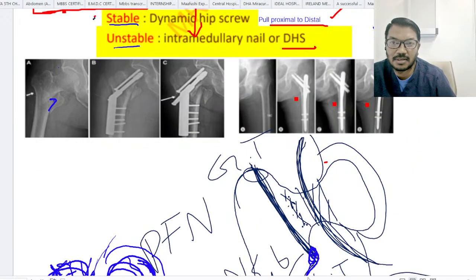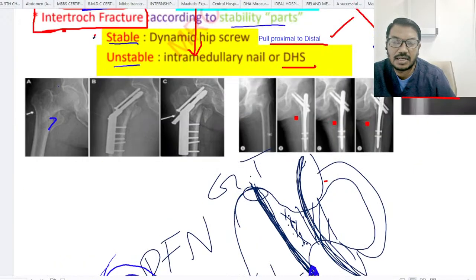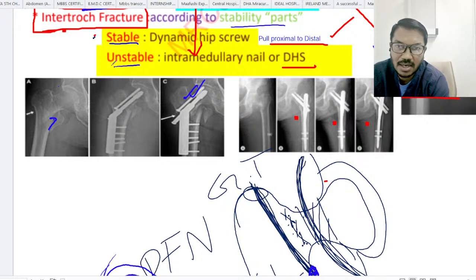Intertrochanteric means both trochanters, the greater trochanter and lesser trochanter. If it is stable, then we fix it by dynamic hip screw. And if it is unstable, then intramedullary nail as before, or DHS. This is the dynamic hip screw.